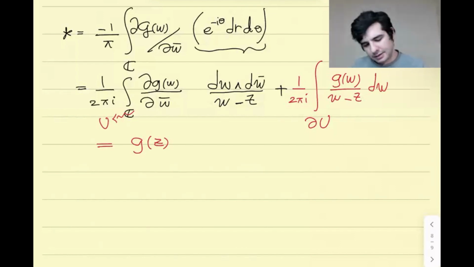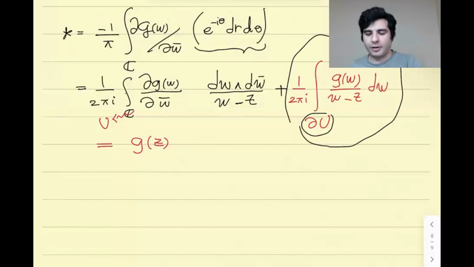Why? Well, integral over C and U are the same because g is 0 outside of U. Also, g is equal to 0 on the boundary, so the boundary integral is equal to 0. I can add 0 to this.